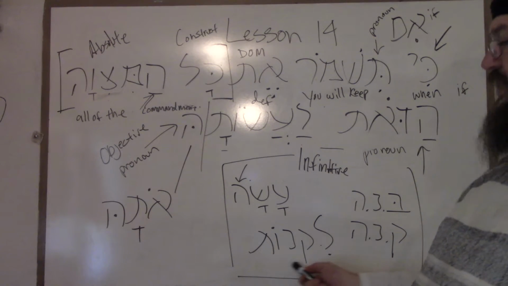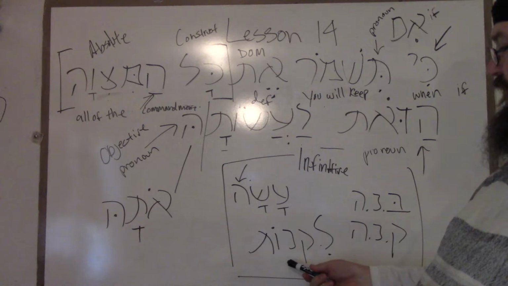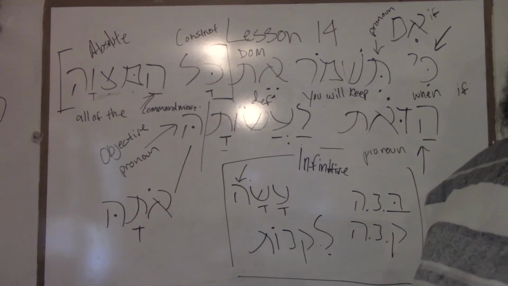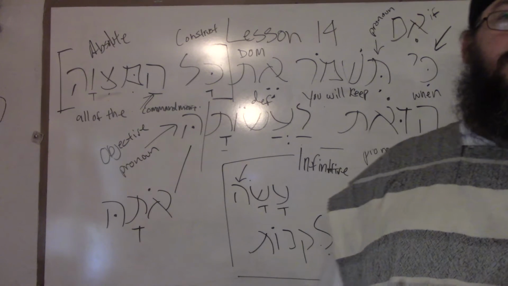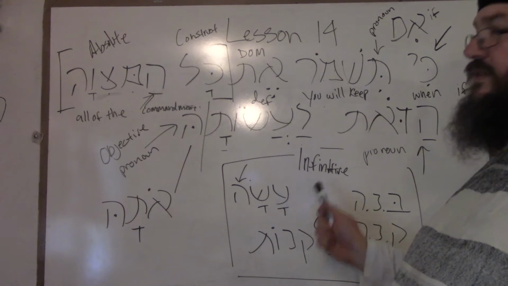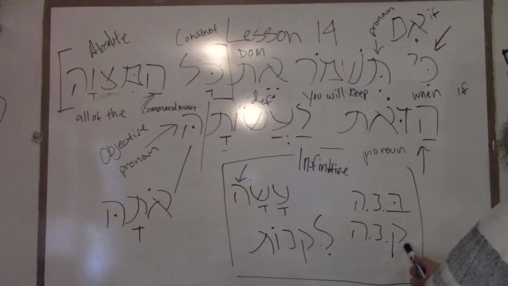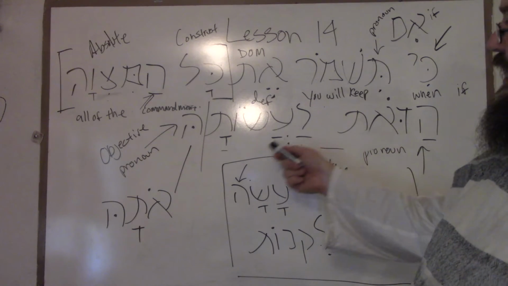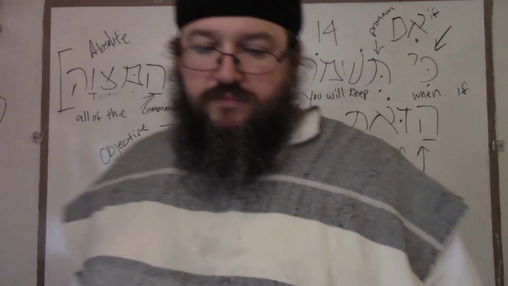That's why I wrote down the example here: you would have your first and second root letters, and then the sound ot, because any hey ending takes ot when we put it in the infinitive form. And so you have bana livnot, kana liknot, whereas here, asa la'asot, and that's what we'd find.